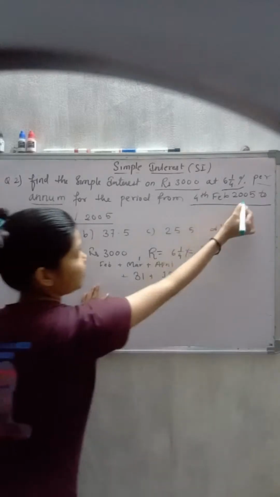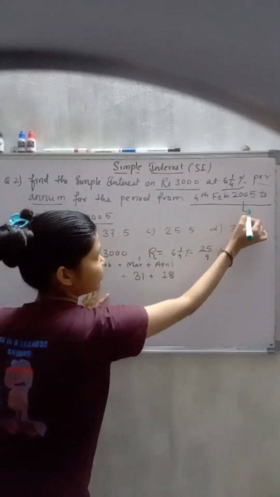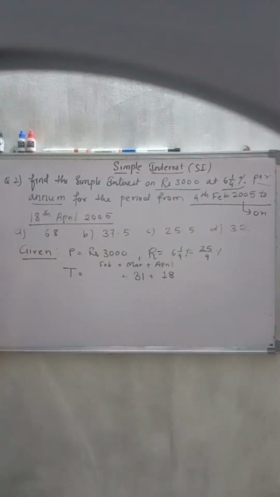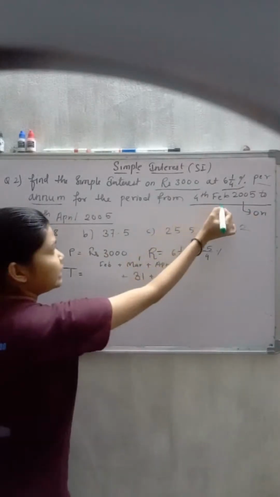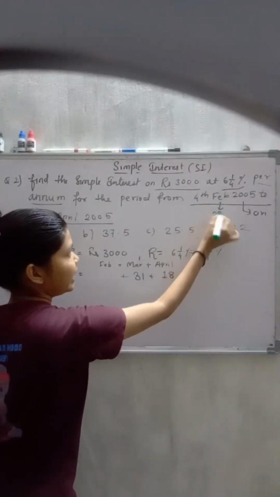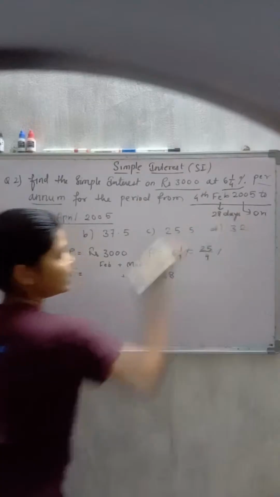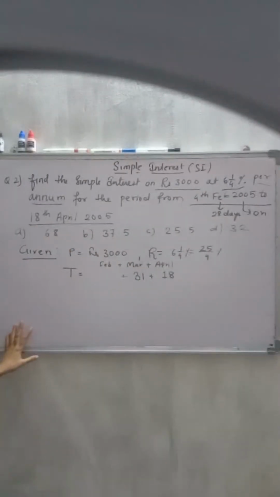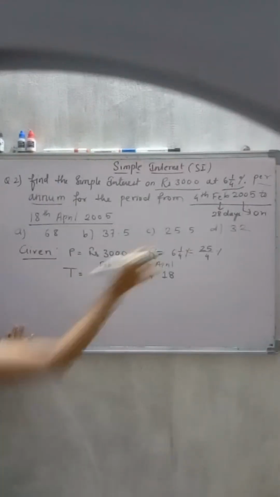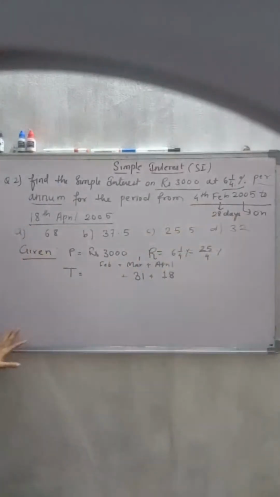We will see from this. 2005 is an ordinary year. So in this year February is of 28 days. In a leap year only February month is of 29 days. In ordinary years February month is 28 days.